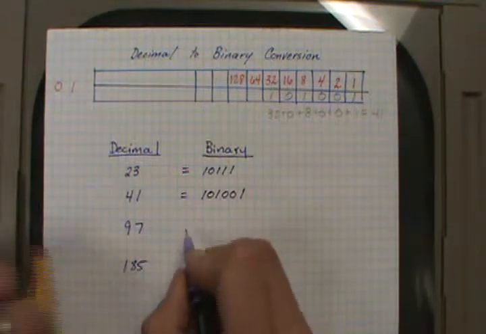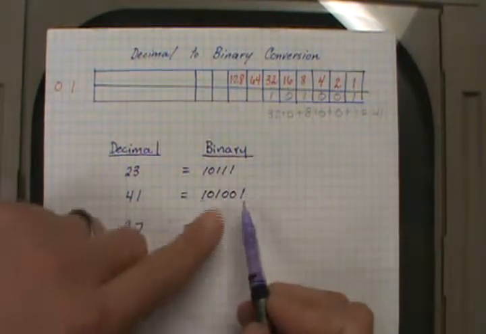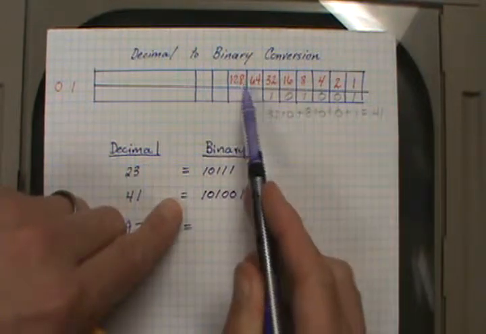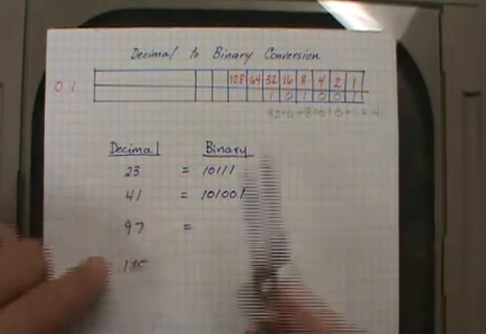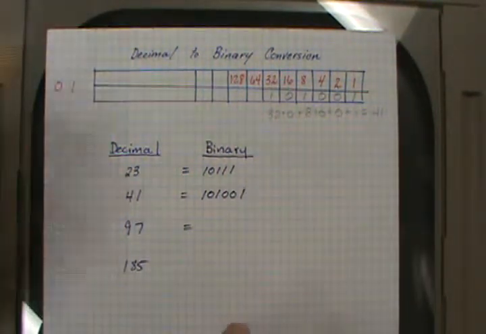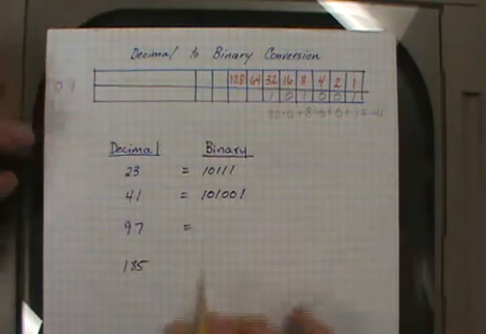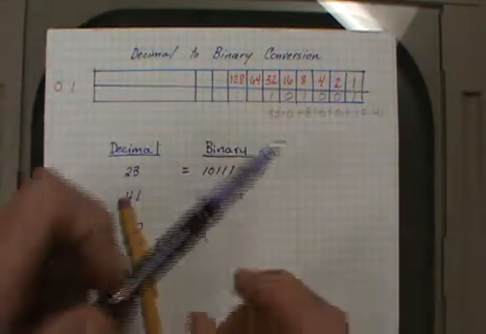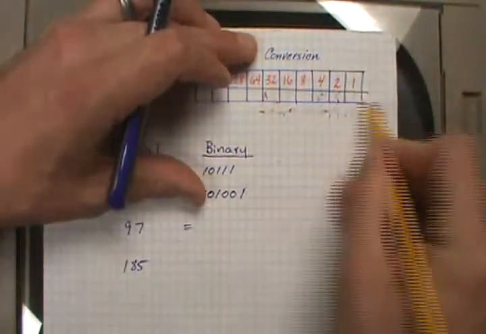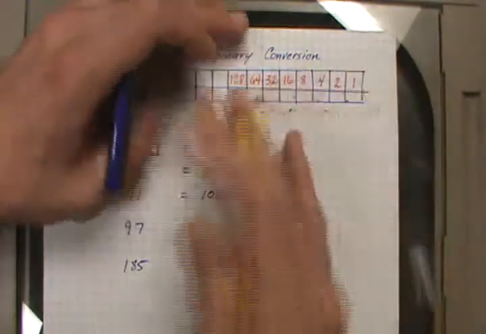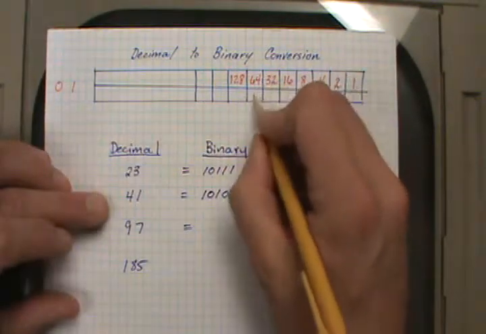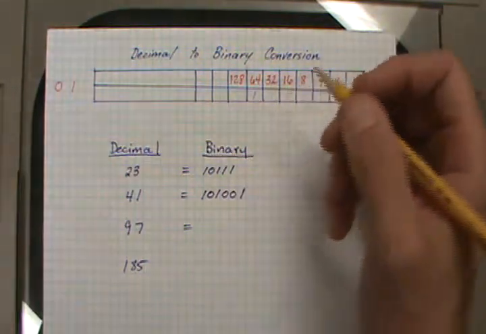Alright, so we're going up a little higher in numbers, so naturally we understand that we're probably going to have a placeholder a little further out. So the string is going to become a little bit longer with the bigger number. Alright, so for 97, can't fit 128 in there, but we can certainly get 64 in there.